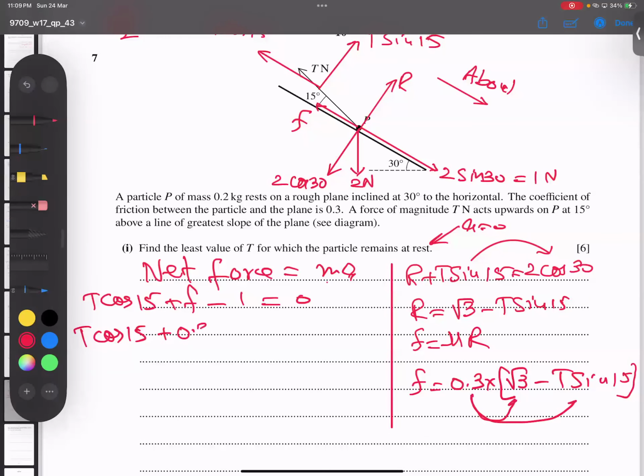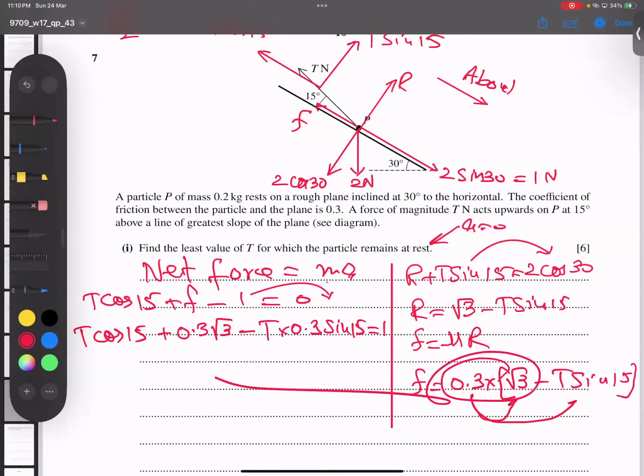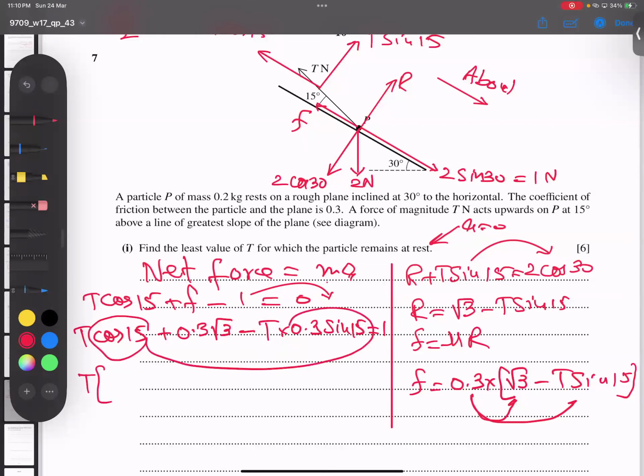So I'm writing here 0.3 times 2 root 3 and negative T times 2, 0.3 times 2 sine 15. And this one I bring on the other side. So let me recheck. 0.3, this I got it here, and 0.3 into this, I got it here. There are 2 T's, you can see, 2 T's, right? T common out. When I take T common out, student, basic algebra, this part and this part, I will write in a bracket.